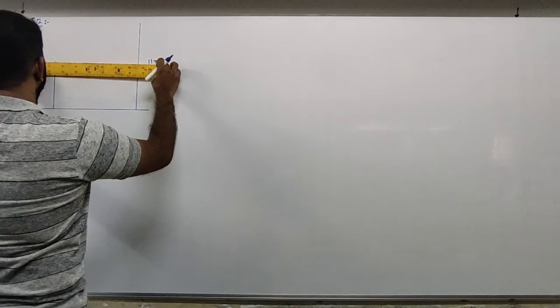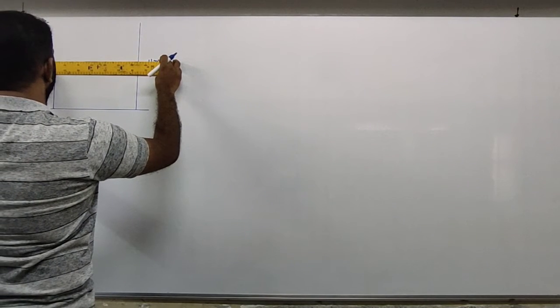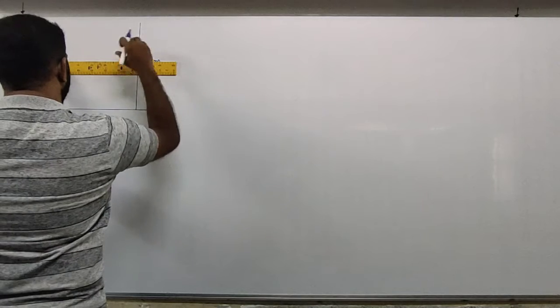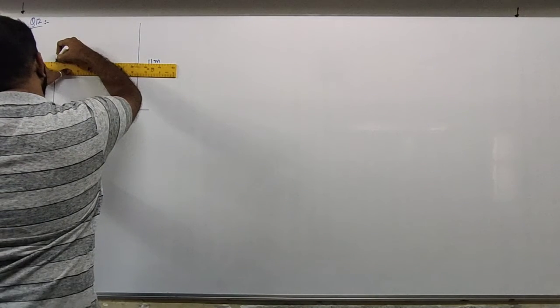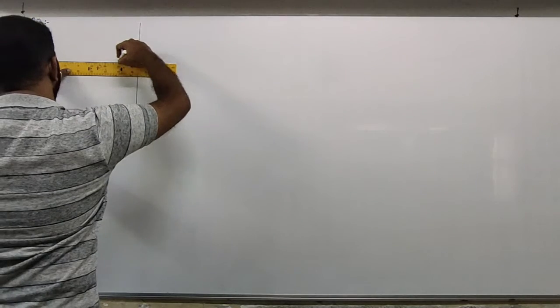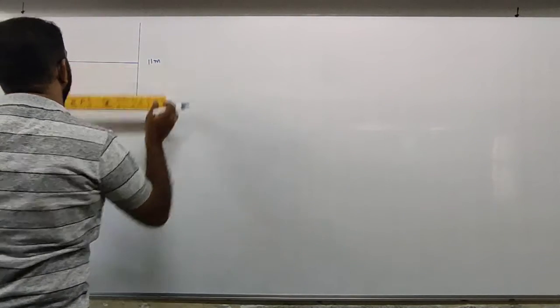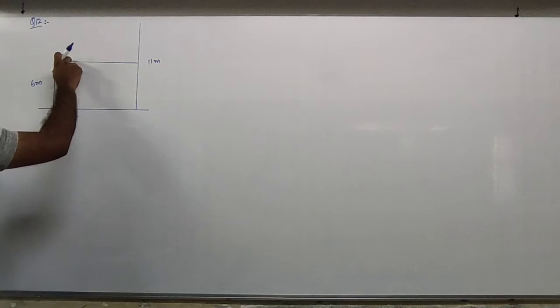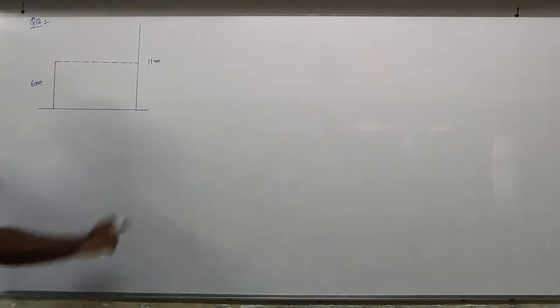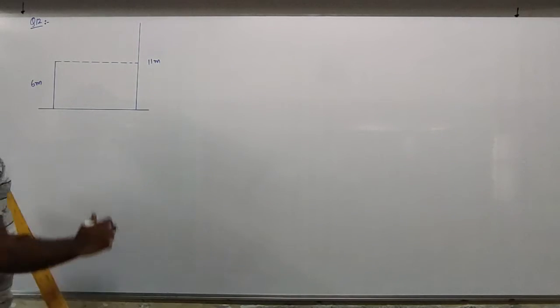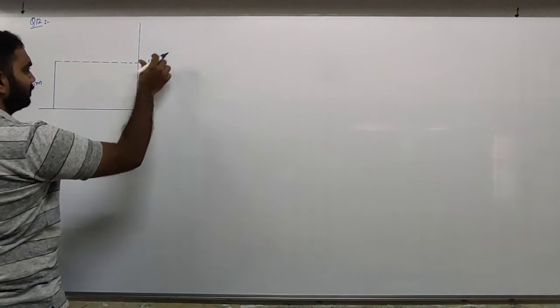So if I draw a line that is parallel to the ground, connecting the two poles like this. Okay, so this will be 6 meter.